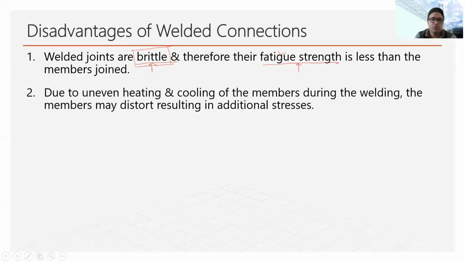Another disadvantage is that due to uneven heating and cooling of the member during welding, the members may distort, resulting in additional stresses. For example, if there are two metal plates and we have to join them using welding, we will be using our rod here. The adjacent part of the steel plate may also get heated and distort, because in heating the plate may become soft and try to expand.